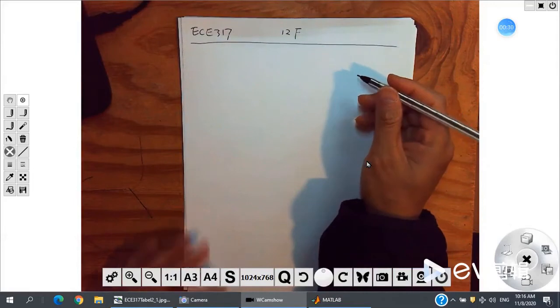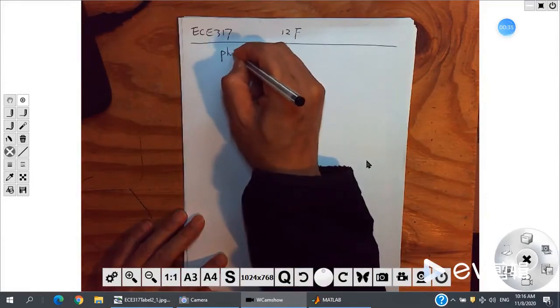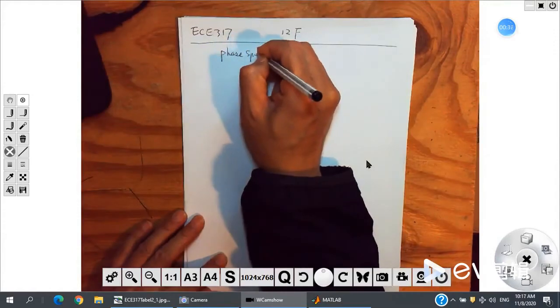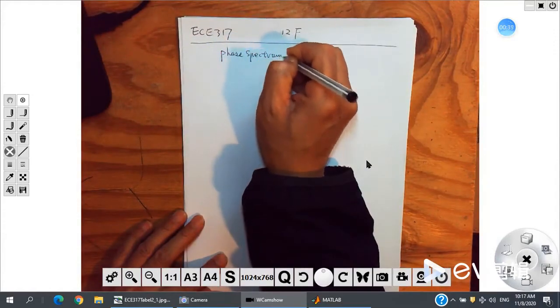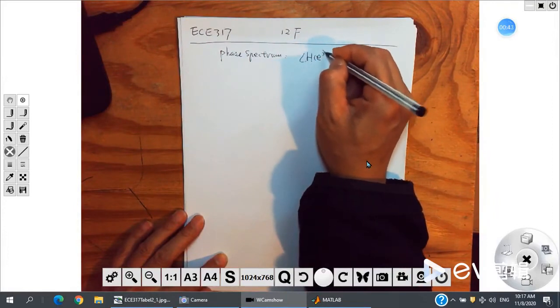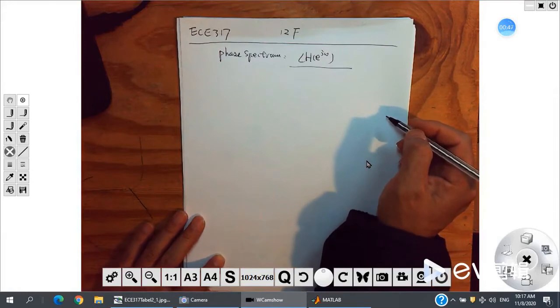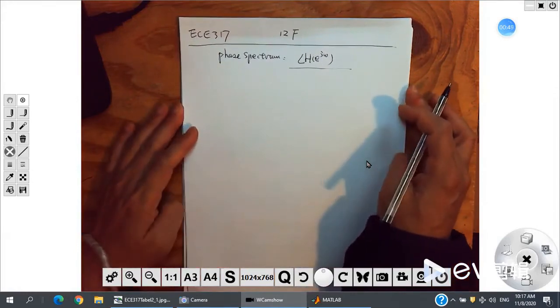Okay, today we will consider something related to the phase spectrum, the angle of H(e^jω). We have studied the all-pass filter, right?